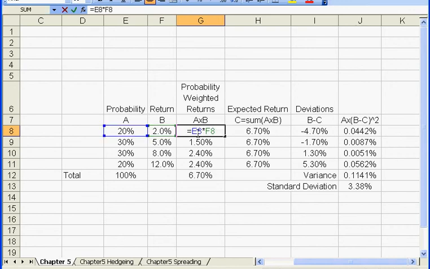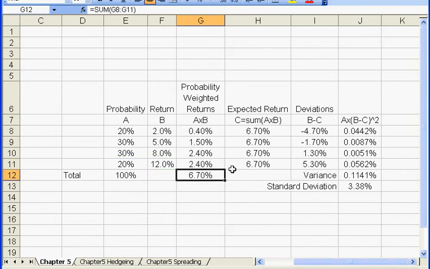Here we just use column A times column B, and that's exactly how I weight this 2% outcome, right? And same thing here, 30% times this 5% outcome. Then 30% times the 8% outcome, and 20% times the 12% outcome.